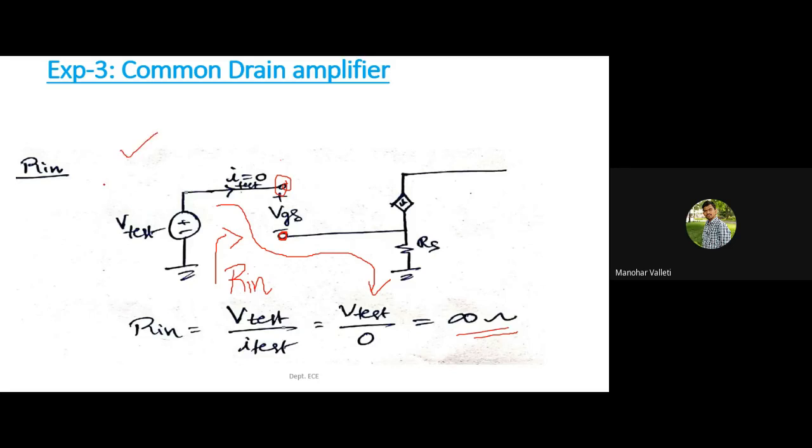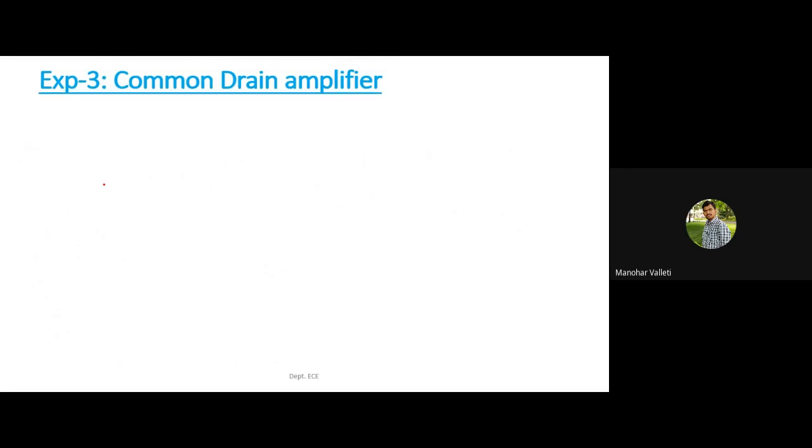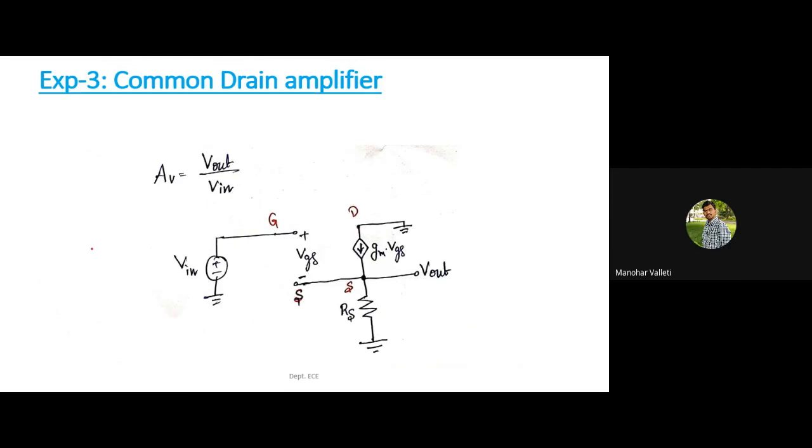The same way, next we look at the voltage gain of the amplifier. With the same circuitry, instead of connecting the test source, you apply the input. To find the gain, you need the Vo by Vin ratio, right? So this is the circuit.